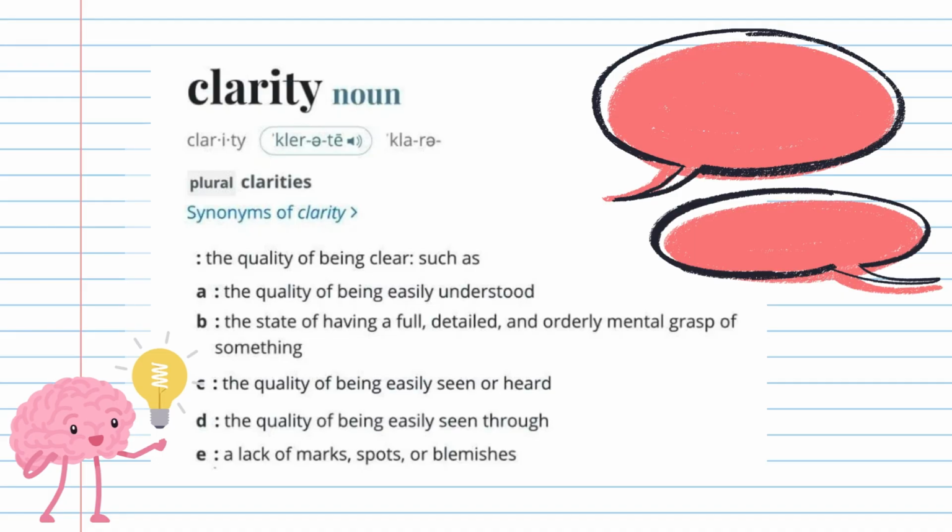So when we talk about teacher clarity, we're talking about the teacher's ability to be clear, to be easily understood, and to have a full, detailed grasp of something. That something being the goal of the lesson, the learning intention, the success criteria that students will meet to demonstrate mastery of that learning intention, and each of the components that will contribute to student success.